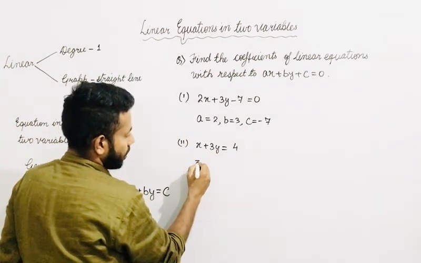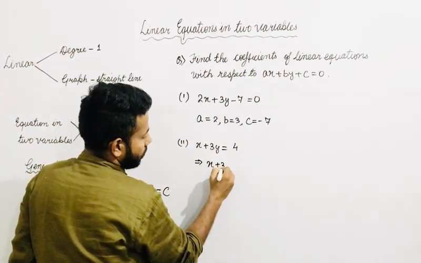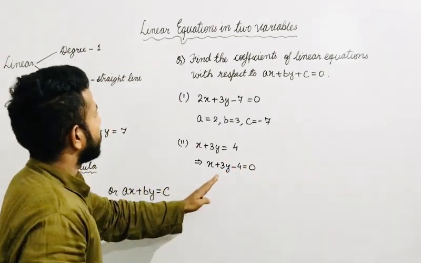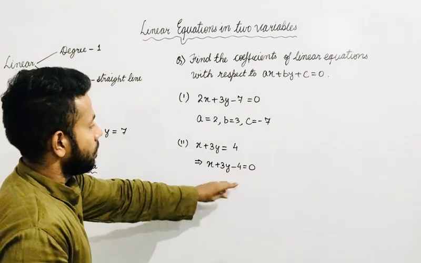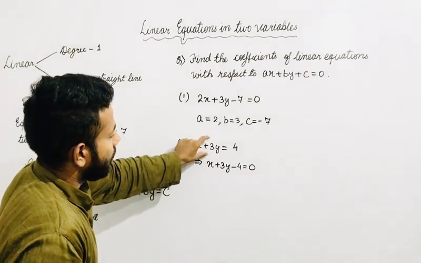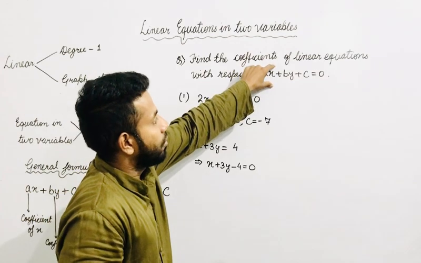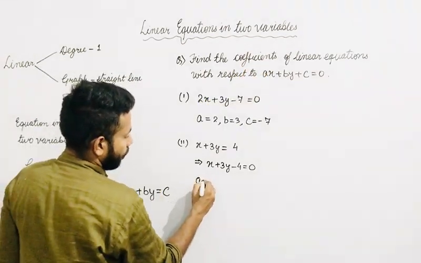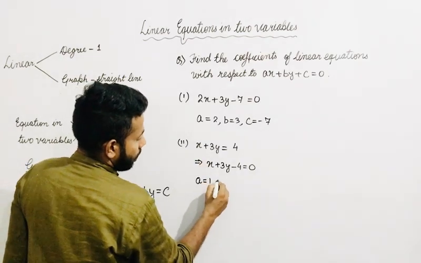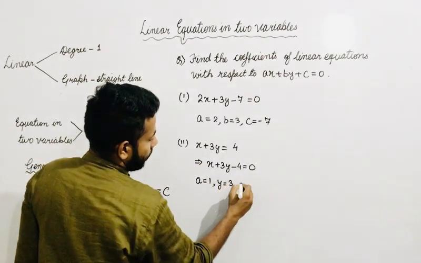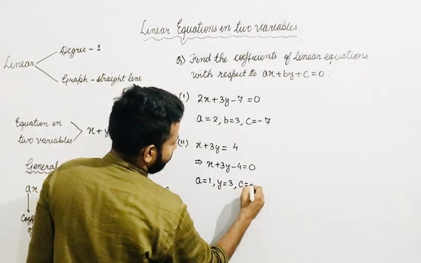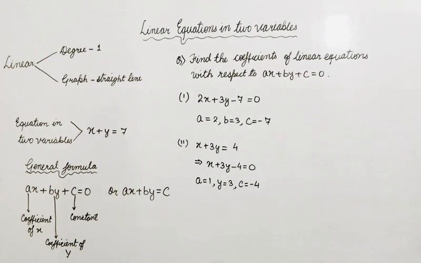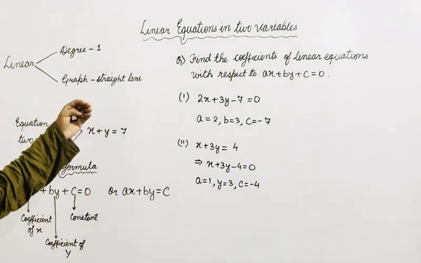So you will write x plus 3y minus 4 equals 0. Now we have changed this equation into the general formula form. So the coefficient of x equals 1, of y equals 3 and the constant equals minus 4. This is how you find it.